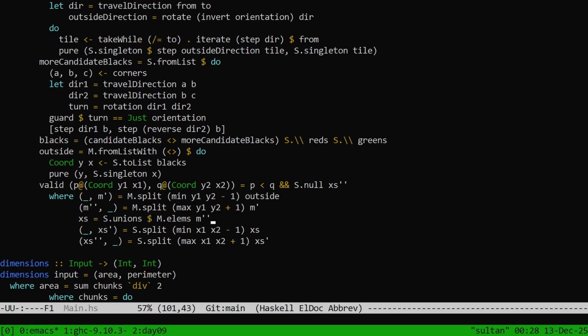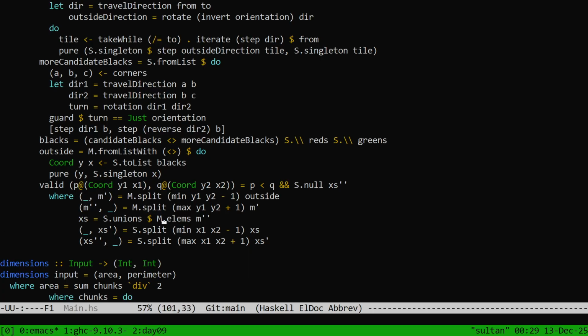Union is order the size of the smaller set. So, okay, actually this could be expensive. We're doing something that's not constant time for each point. Each pair of red tiles.